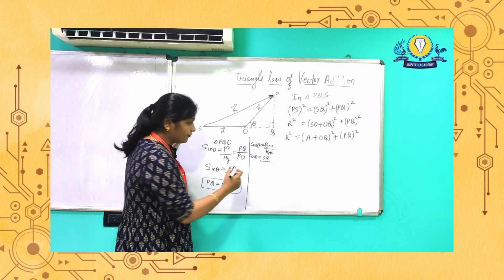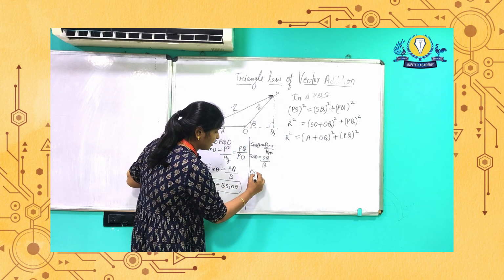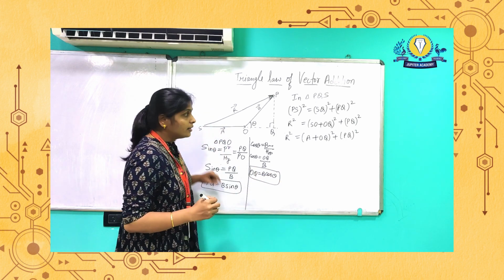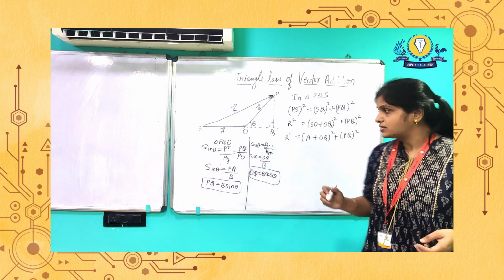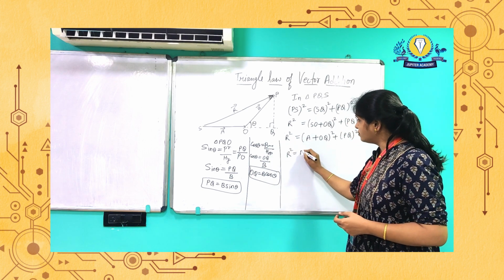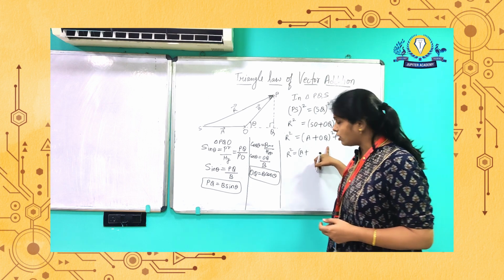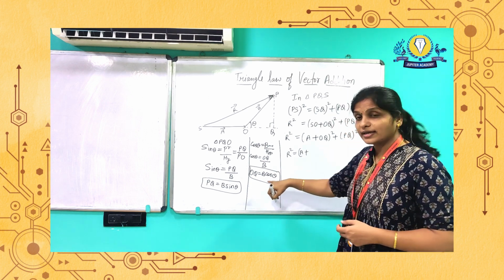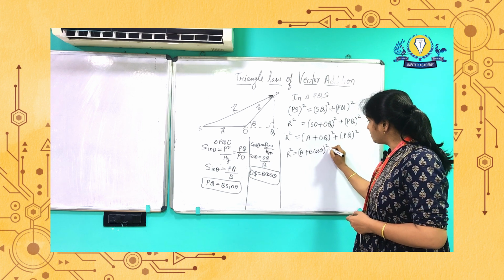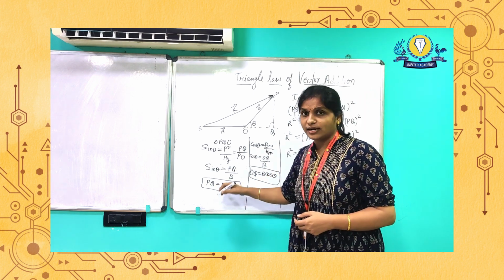Again the magnitude of B. So I got my OQ equal to B cos theta. Fine. Now I got my unknown quantities. R square equals A plus, instead of OQ I can write B cos theta, plus instead of PQ I can write B sin theta.